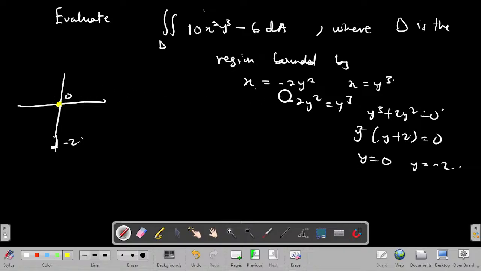You have 1 point. If y is negative 2, x is going to be what? Negative 8. So these are the boundaries.